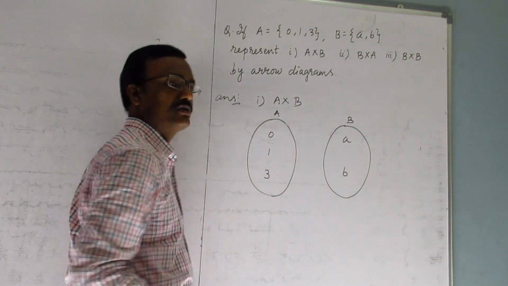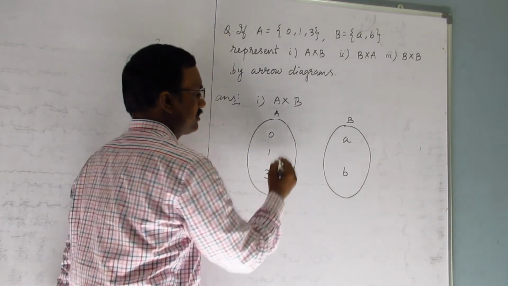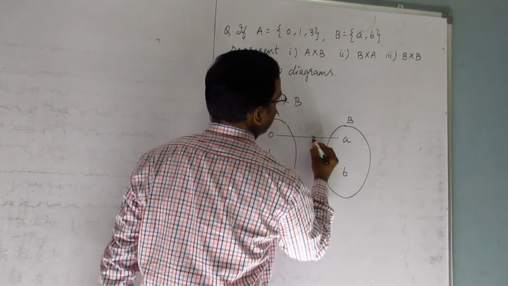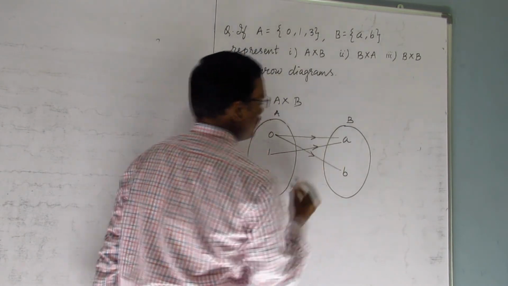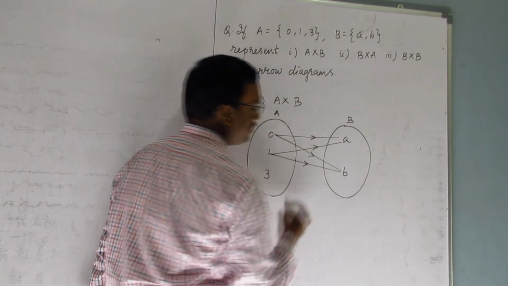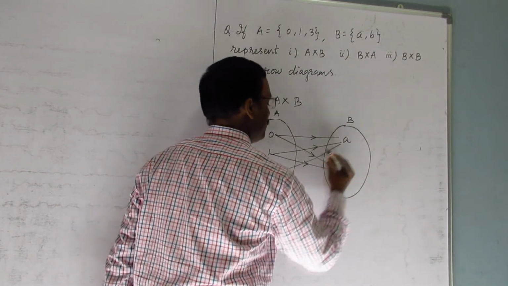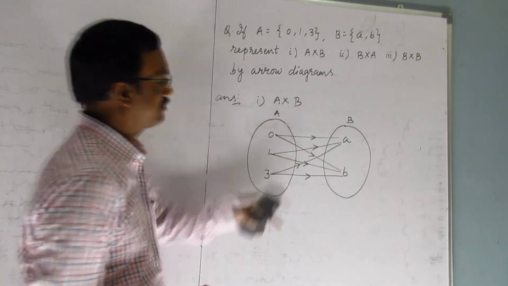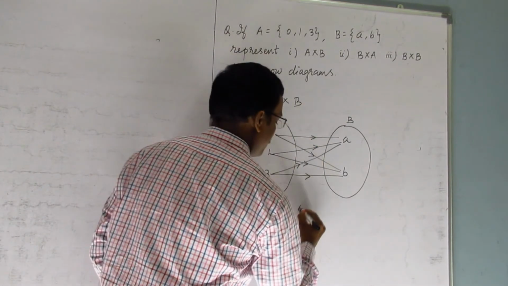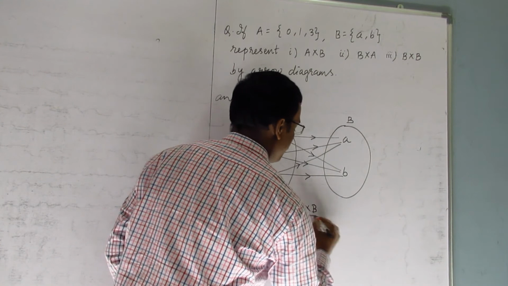Now A cross B is all possible arrow connections: 0 to a, 0 to b, then 1 to a, 1 to b and then 3 to a, 3 to b. Okay, so this is the arrow diagram corresponding to A cross B.